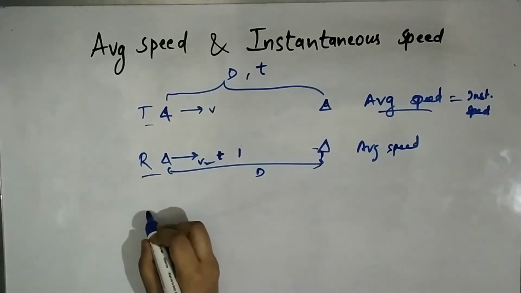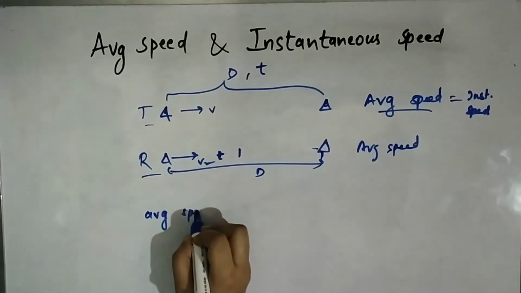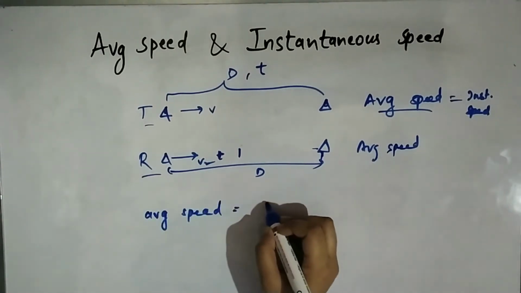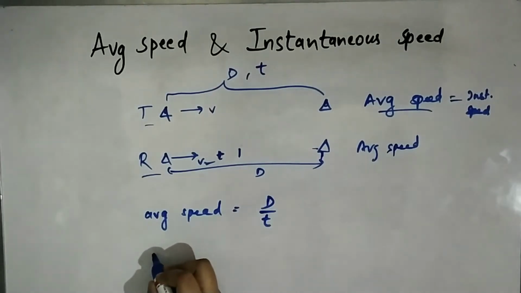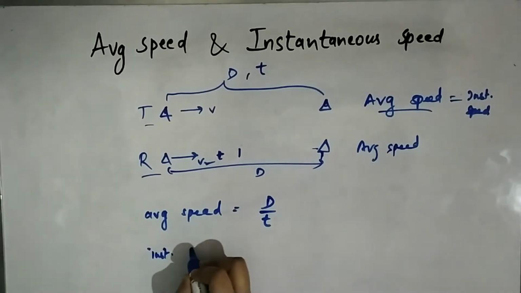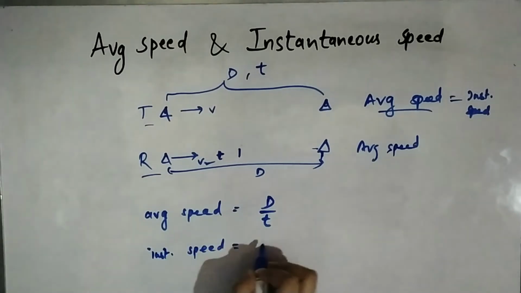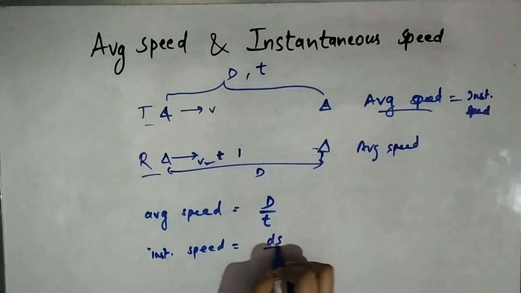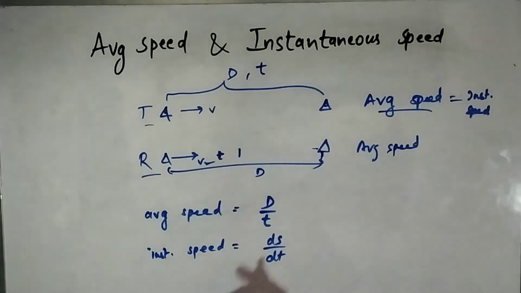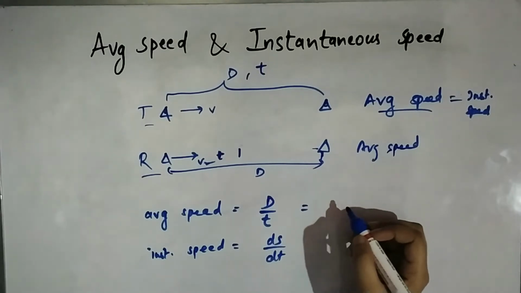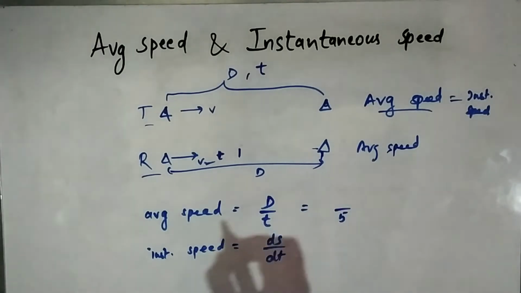So we can say that the formula of average speed will be nothing but the total distance upon total time, while the instantaneous speed will be ds by dt. According to our question, we have to find the average speed in the time 5 seconds.